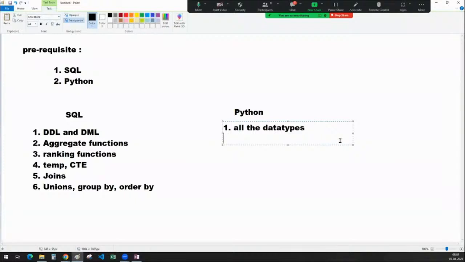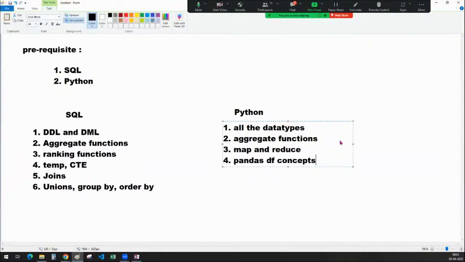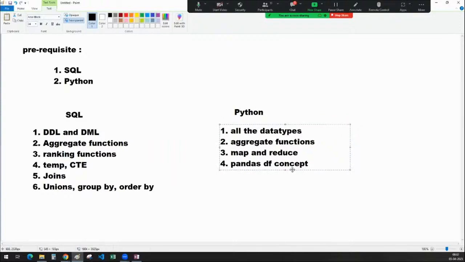The very next thing is aggregate functions, how to do them in Python. If you get time, look at map and reduce. And if you still get time, focus on the pandas framework: look at the data frame concept and how to create a data frame. That's it. If you focus on these things, that is enough, I believe.